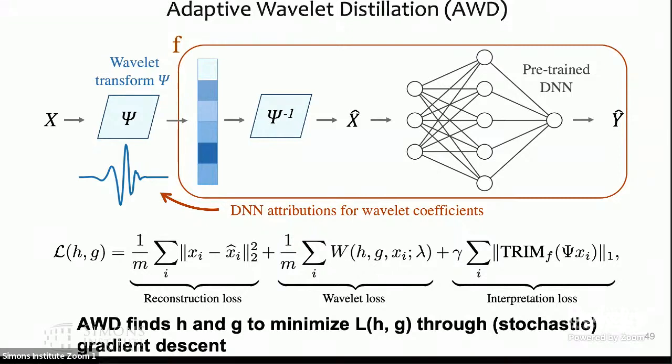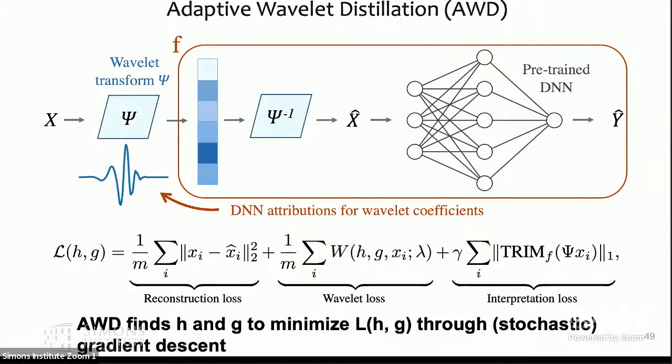One is the reconstruction loss. You use the wavelet transform phi; if you use an orthogonal wavelet, it's invertible. You put the data in the transform domain, then put it into the pre-trained ResNet, and you want to make sure x and x hat are close. More or less, phi is invertible.